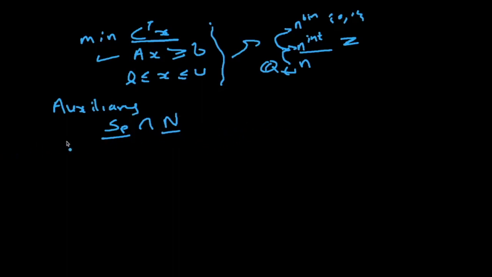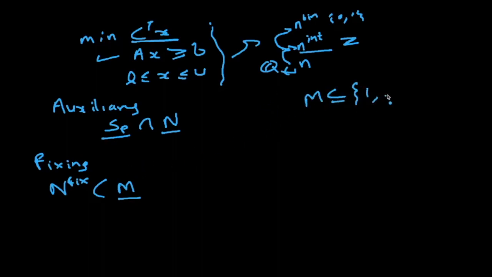Okay, so mostly we'll be looking at a particular type of neighborhood. It's called the fixing neighborhood, N fix. What it does is basically fix the variables which I give, right? Those in a set M, which is a subset of 1, 2, up to n, the set of all variables. So it will fix some variables, and in fact it doesn't even need to fix any of the continuous variables.